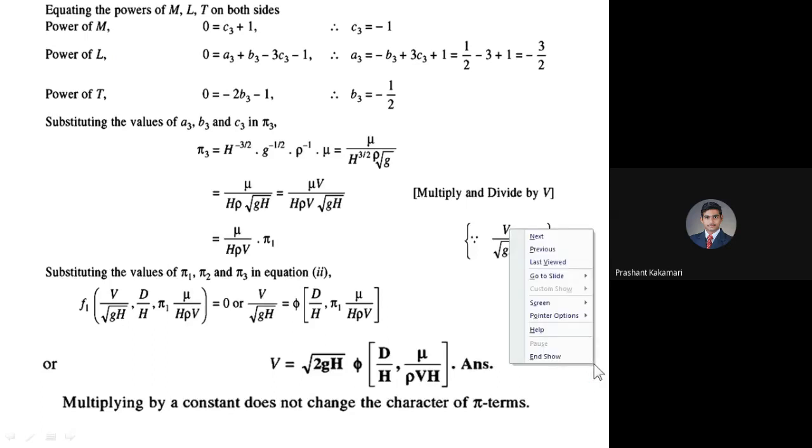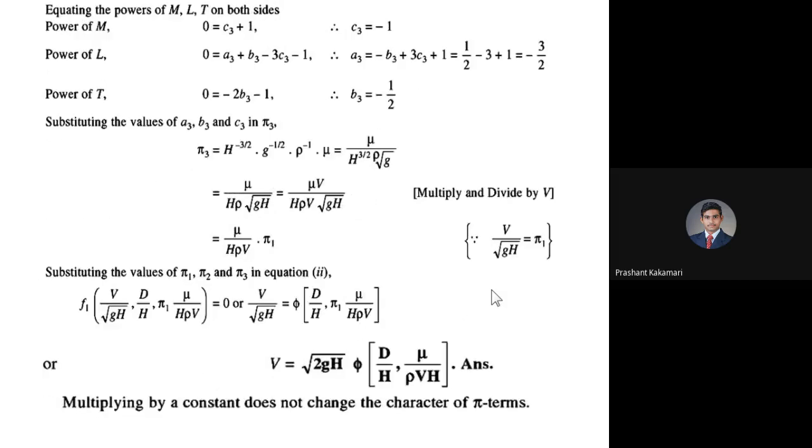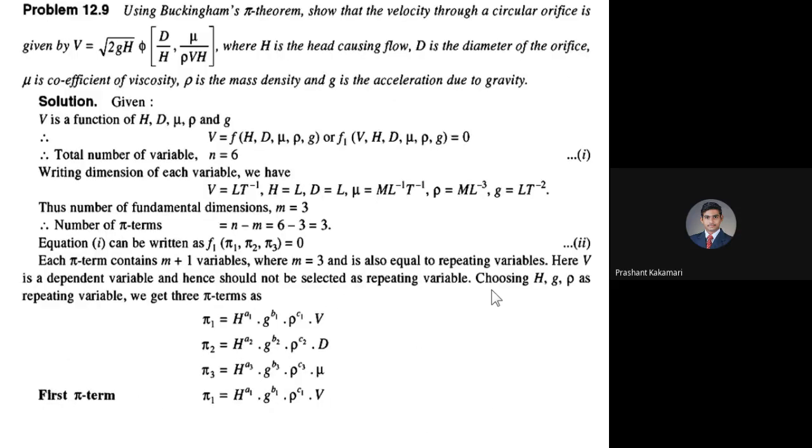Because one thing you can tell me, it is asked in the question to prove it like this. One more thing is, by dimensional analysis, we have seen you can multiply a constant value with the function of any term. So that constant value they have taken is square root of 2. You can consider any constant value.